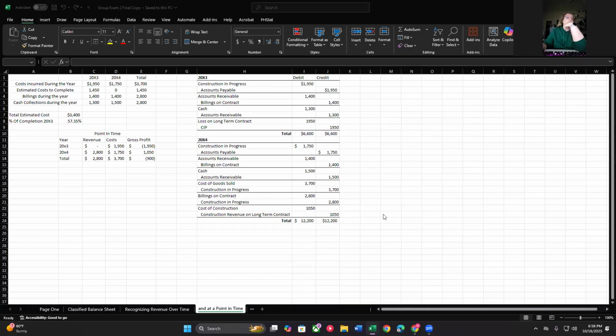Oh, so with revenues, she does construction in process, cost of construction, and revenues from long-term contracts. Okay. So I guess I wonder if my cost of goods sold should be changed to cost of construction and then add that other construction in progress to something else.